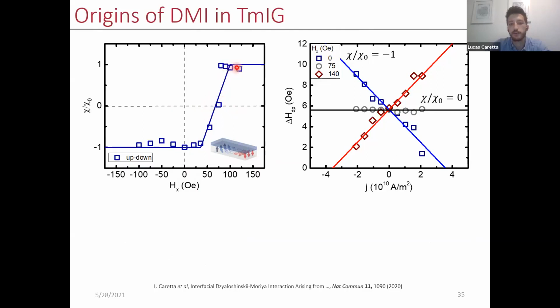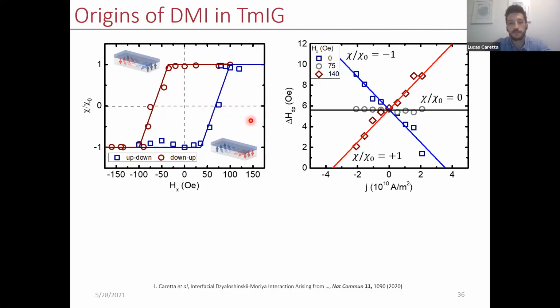In fact, I can invert the sign of the torque just by applying a large enough field to completely flip the domain wall. And we can do this for both down-up and up-down domain walls. You actually get something very neat. It looks like a hysteresis loop. And really the zero crossing, or the coercivity, so to speak, of this loop is the DMI effective field in this system.